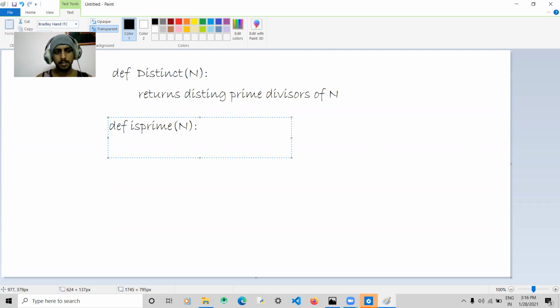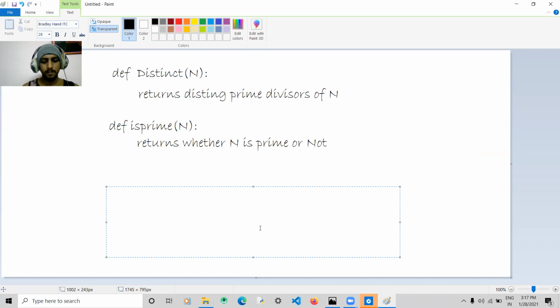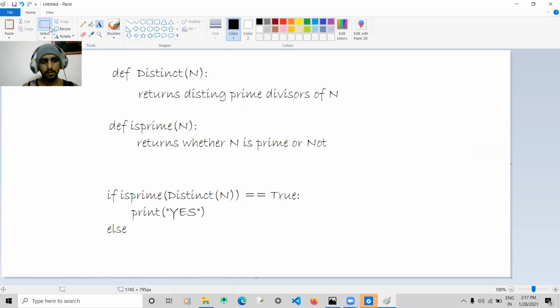It takes n and returns whether n is prime or not. Once we implement these two functions, the final function is simple. We simply say if is prime of distinct n equals true, then we print yes, else we print no.